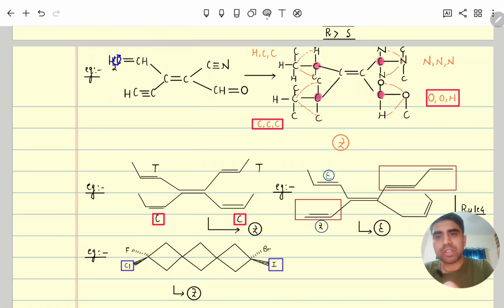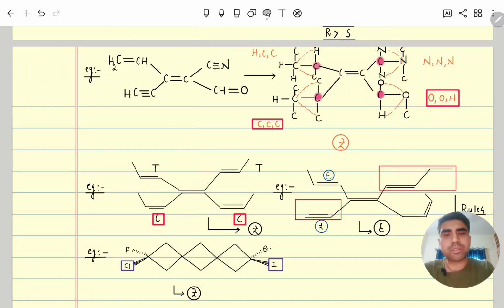Similarly this carbon is connected to this carbon, so you connect one carbon here. So carbon, hydrogen, hydrogen. Similarly this carbon has a triple bond, meaning this carbon is connected three times to this carbon, so one already connected, two more carbons. Similarly this carbon, so here two more carbon. So this is the dummy representation.